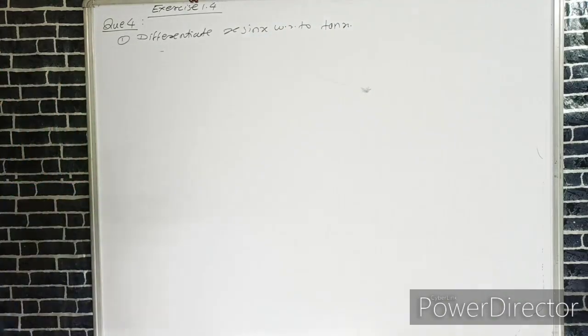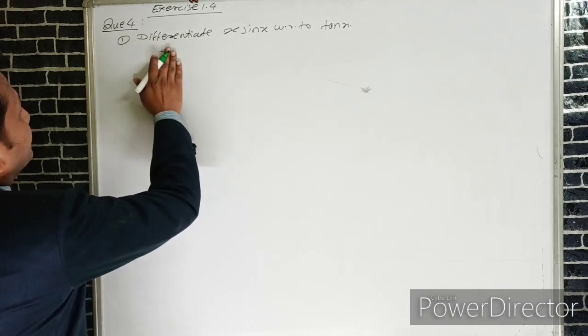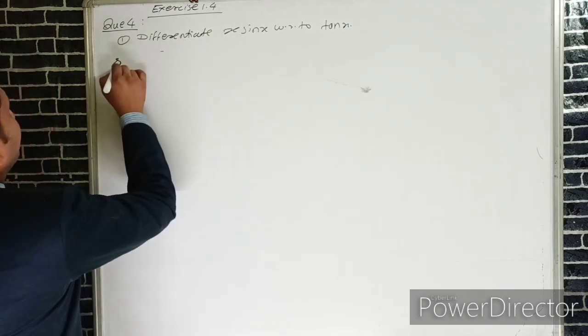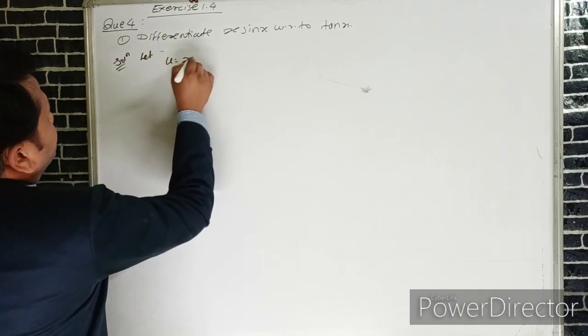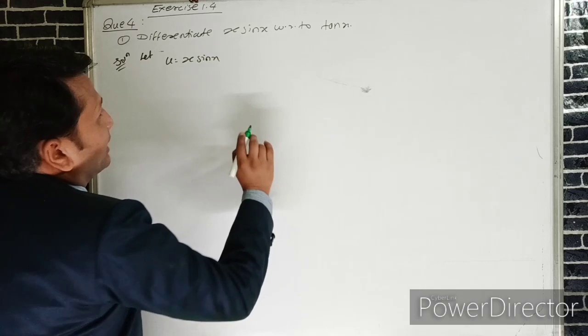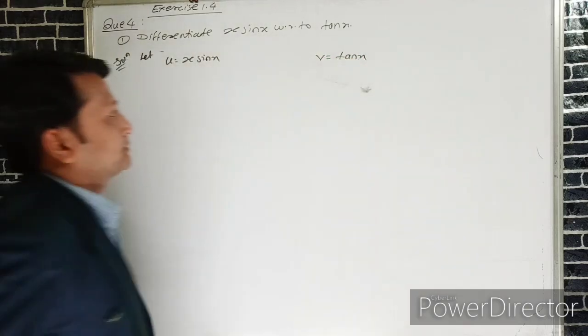Here, if we have to find du by dv, we first consider the first function u equals x sin x, and the second function v equals tan x.